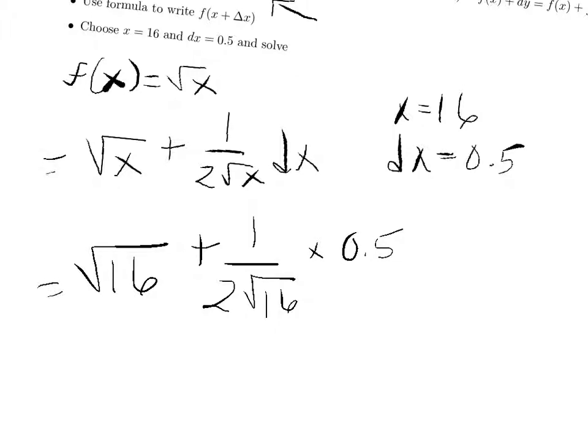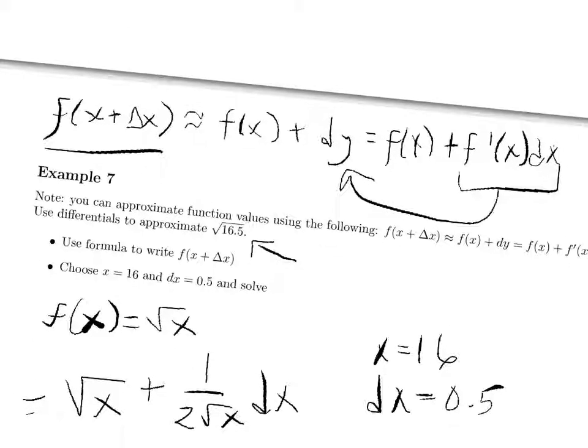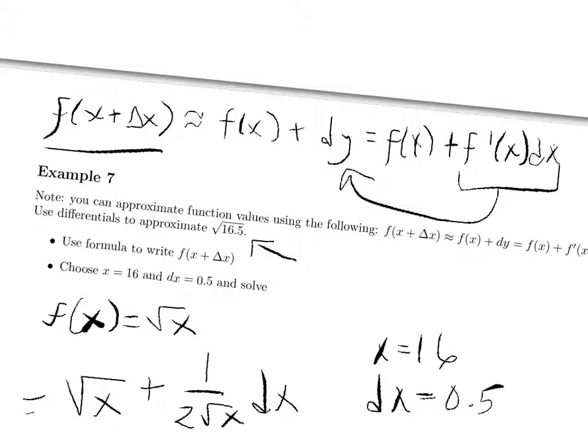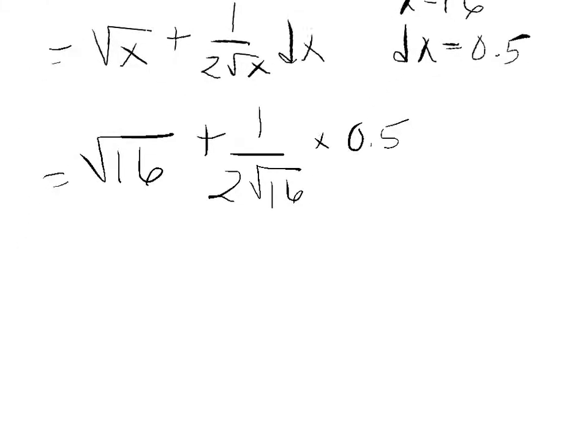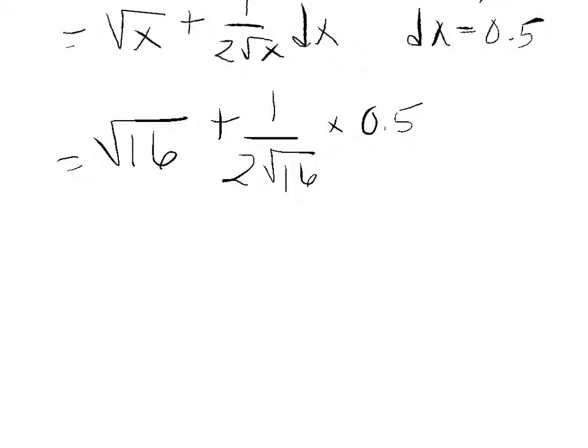This to this. We used this logic up here, okay? The idea that this new y value can be approximated with the differential, and then the differential can be calculated there, okay? So if we plug that in, square root of 16, which is 4, plus 1 over 2 square root of 16, so 1 over 8 times 0.5, which is 1 over 2. So 1 over 8 times 1 over 2 is going to be about 1 over 16.